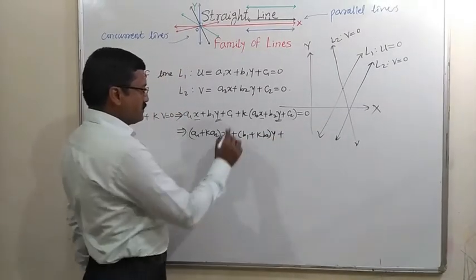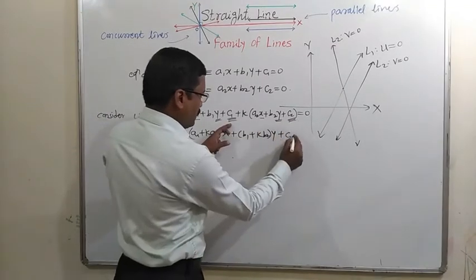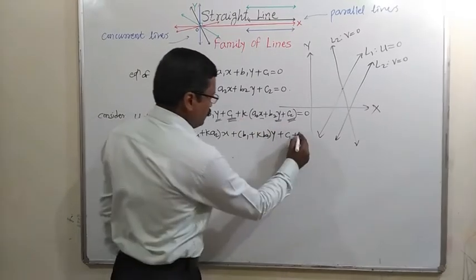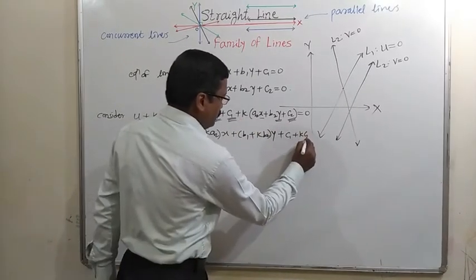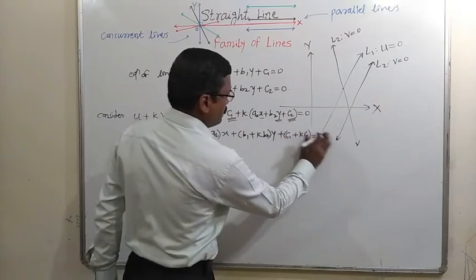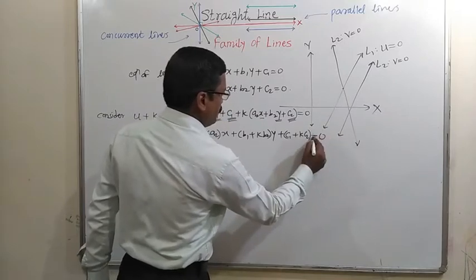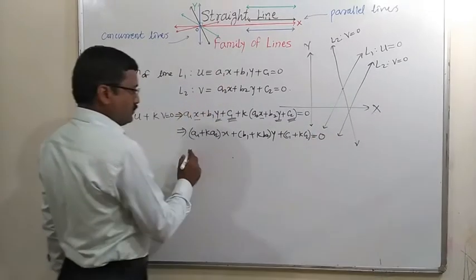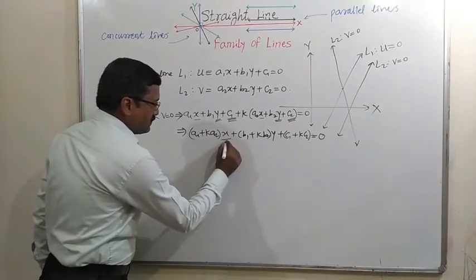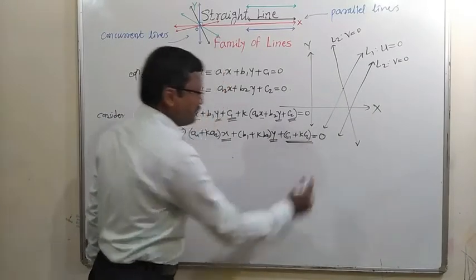Now consider the constants: C1 plus k C2. So these constants equal to 0.